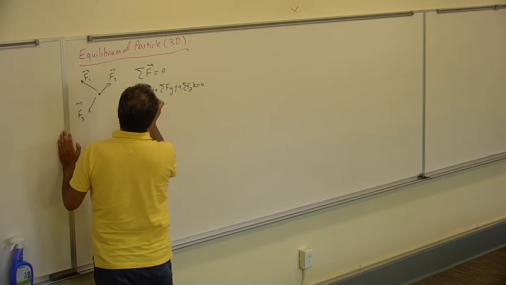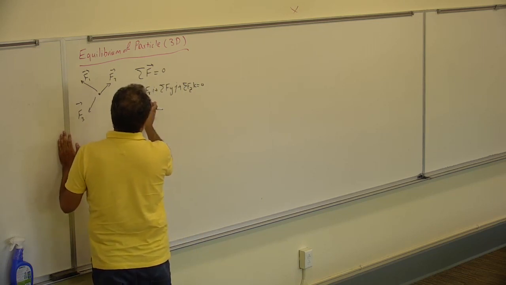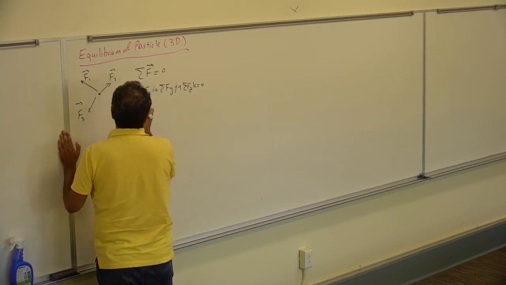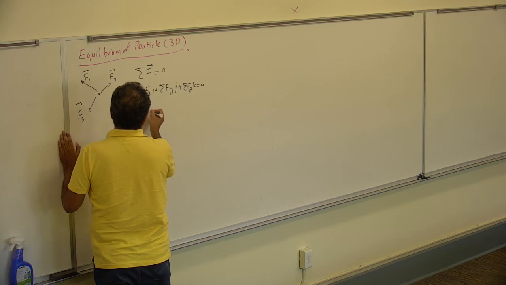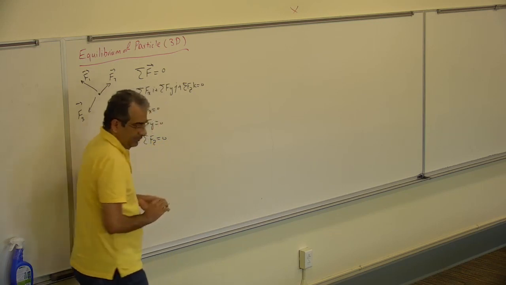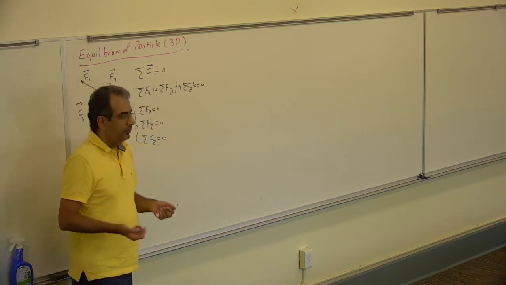All the forces in the i direction, all the forces in the j direction, all the forces in the k direction should cancel each other. So basically I have to have sigma Fx = 0, sigma Fy = 0, and sigma Fz = 0 in order to have an equilibrium in the 3D format.